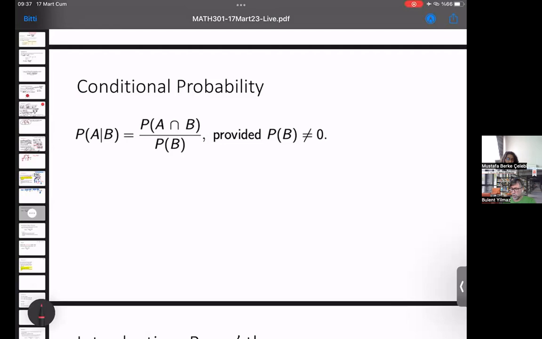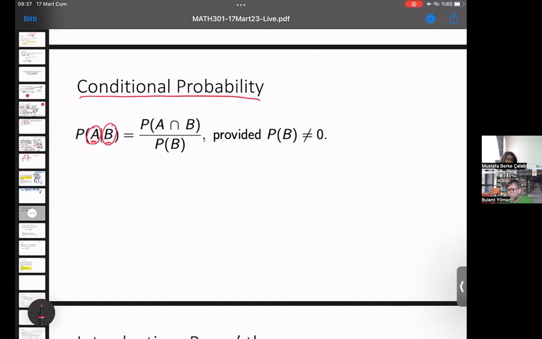So we talked about conditional probability before, and you had a quiz this morning. What does it mean? What's the probability of obtaining A given that event B has occurred? So it is like, I know that B has occurred. What's the probability of obtaining heads?